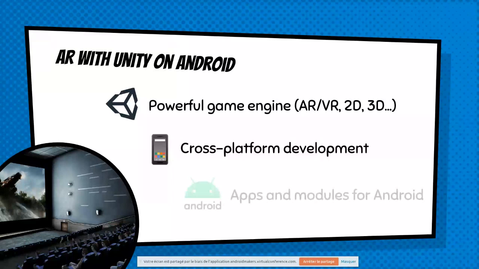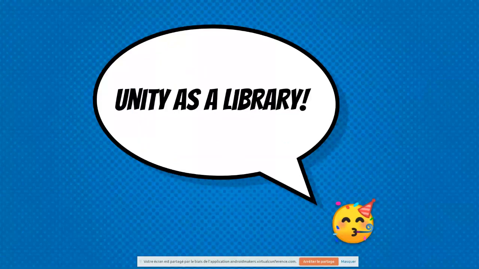Right? And the interesting thing here is, if your app does not need AR all the time, Unity has now introduced Unity as a library. And that's a powerful tool. You can bring the awesome experience of building Unity games and applications into your Android apps without any pain and without any hack.